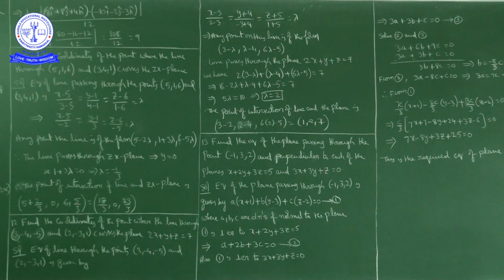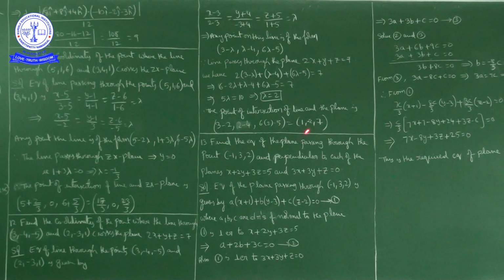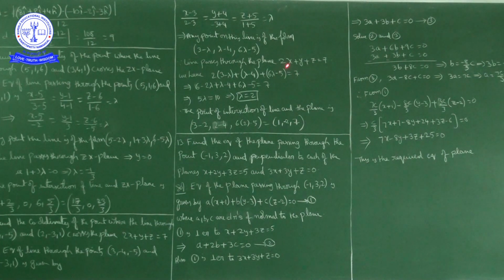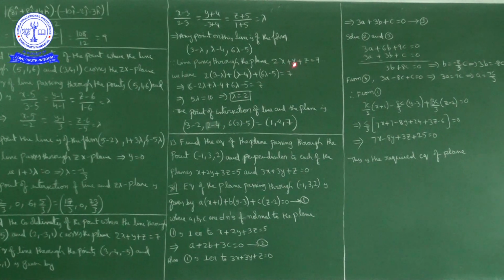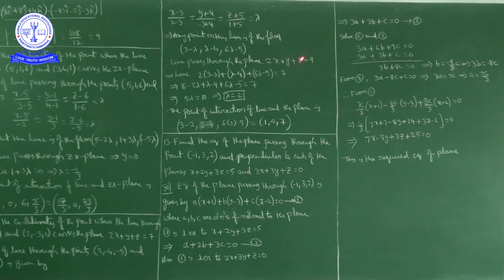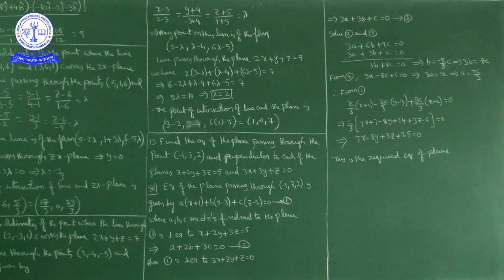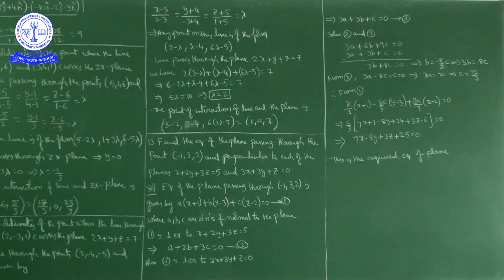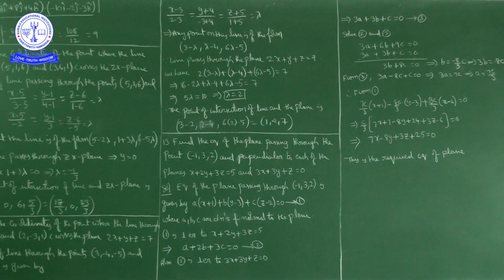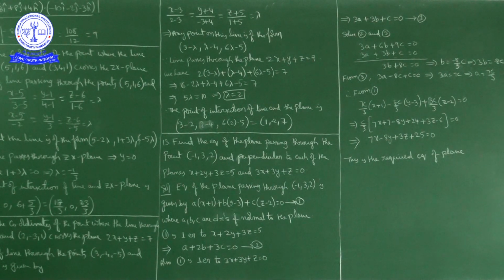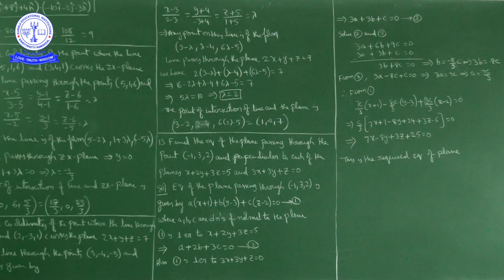So the point of intersection of line and plane is (1, -2, 7). Now we can check: this point must satisfy the plane. Substituting: 2 into 1 is 2, then -2, the 2 and -2 cancel, and the z coordinate is 7, so 7 = 7. So it is satisfied. The point of intersection of line and plane is (1, -2, 7).